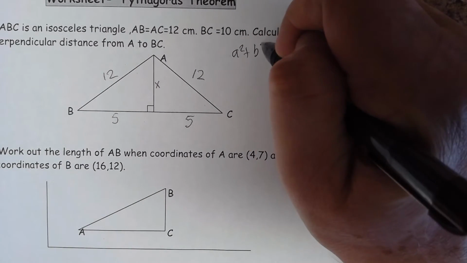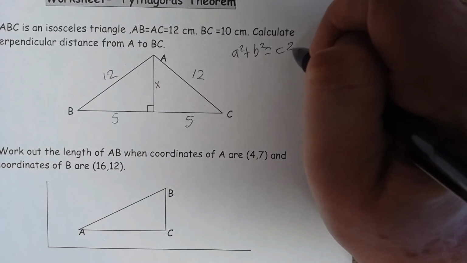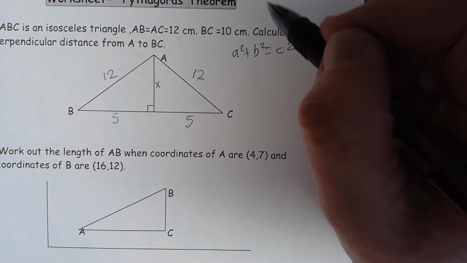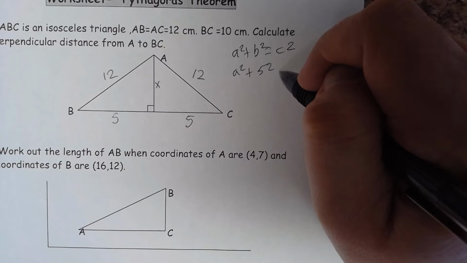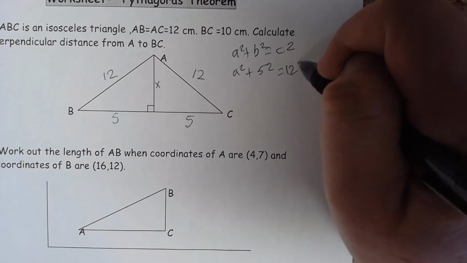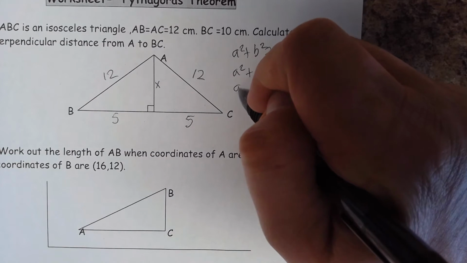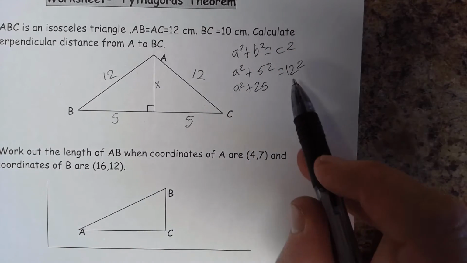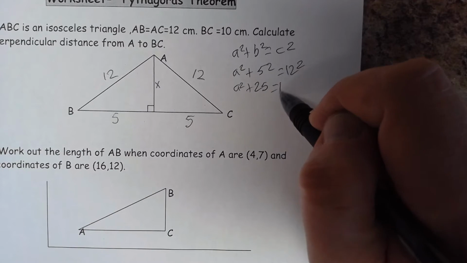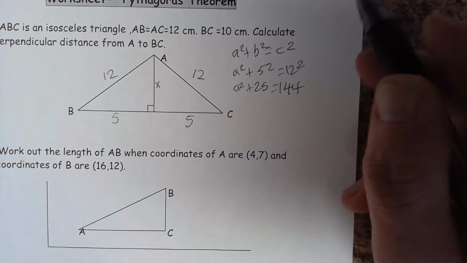A squared plus b squared equals c squared. So we're looking for A, we have b, and we have c equals 12. A squared, 5 times 5 is 25, 12 times 12 is 144.